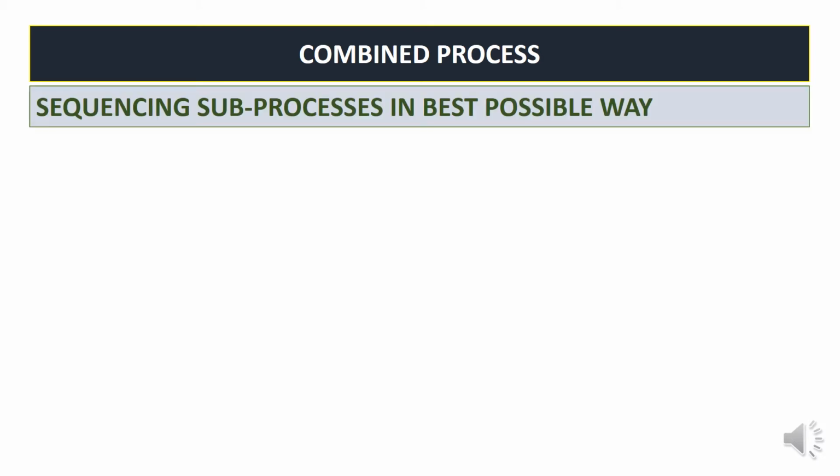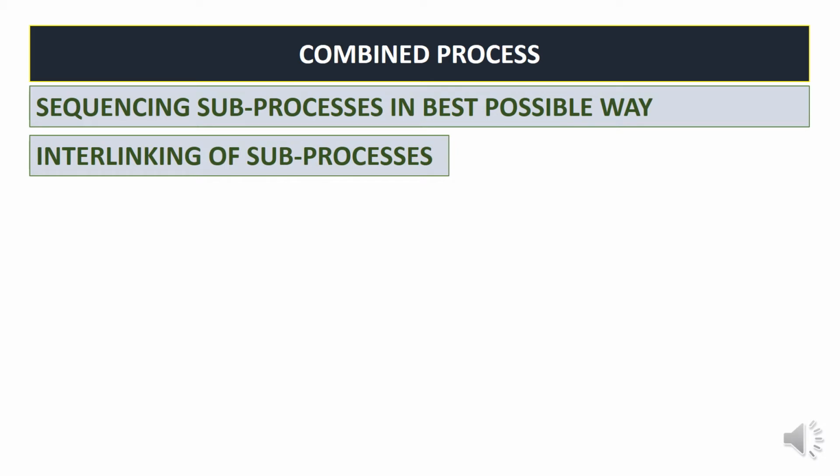The third part is the combined process. So we saw the main process, then individual processes or sub-processes. Now, to form the main process for manufacturing of a washing machine, we need to sequence the small processes. So sequencing processes in the best possible way is important.